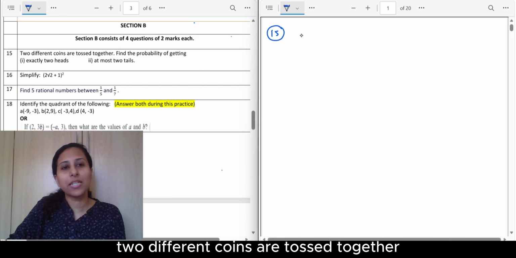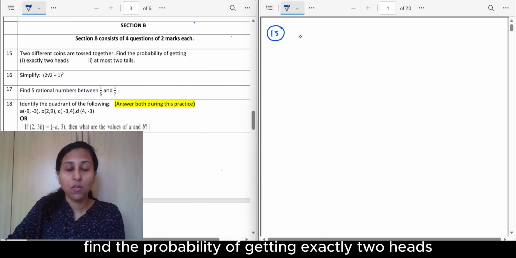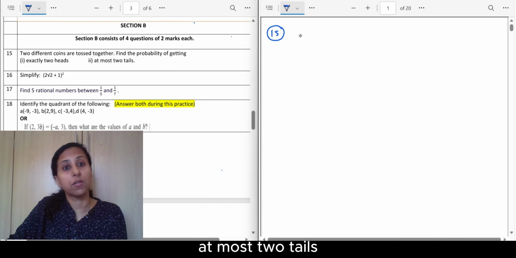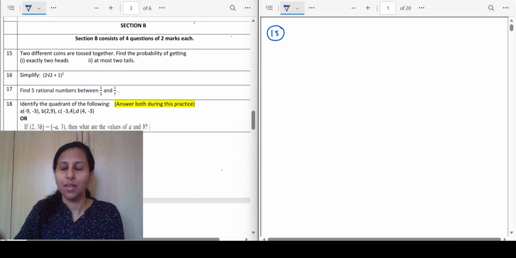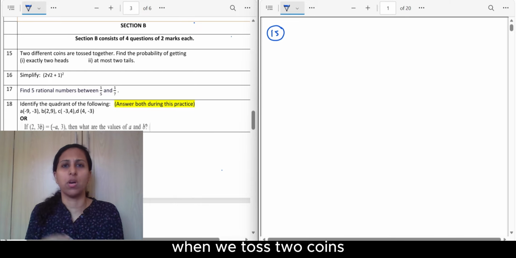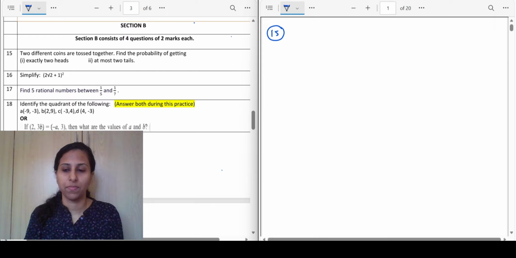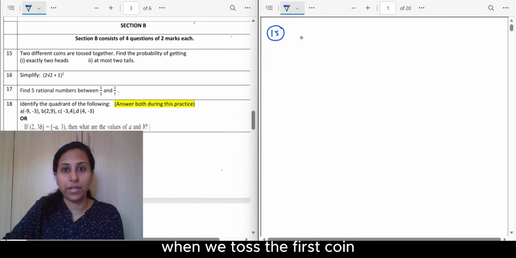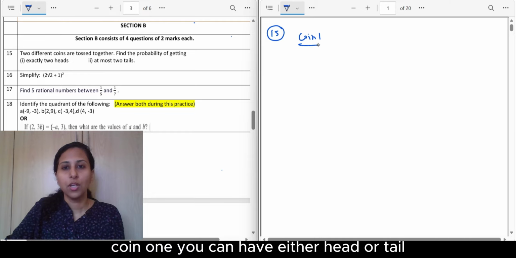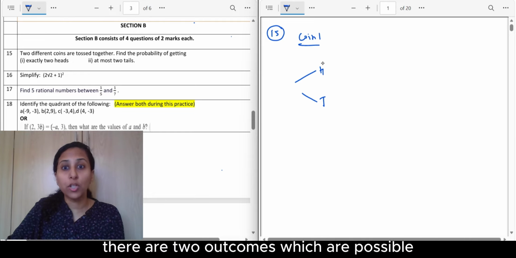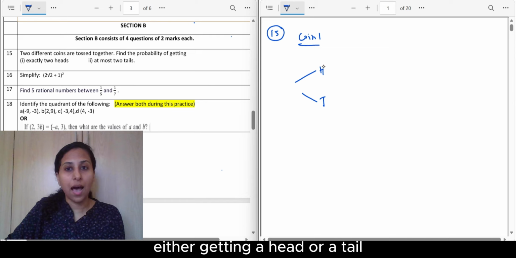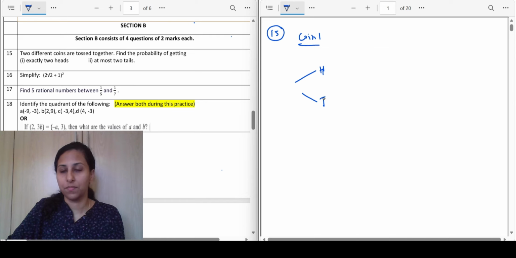Two different coins are tossed together. Find the probability of getting exactly 2 heads, at most 2 tails. When we toss 2 coins, how many outcomes are totally possible? Let's look at this one by one. When we toss the first coin, coin 1, you can have either head or tail. There are 2 outcomes possible.